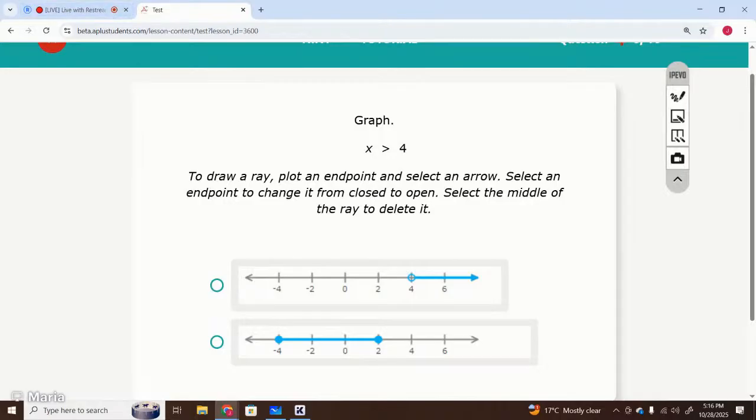X is greater than 4. So which is the correct option? Greater than 4.